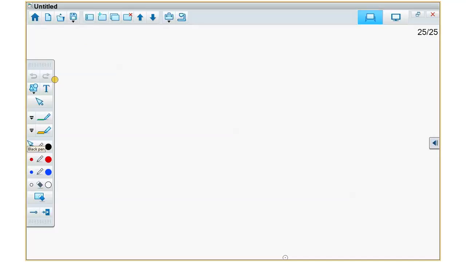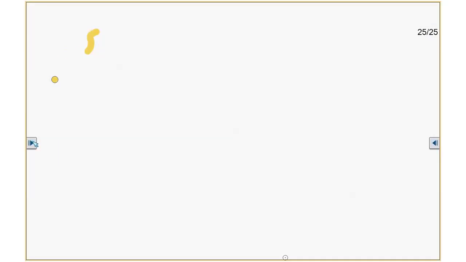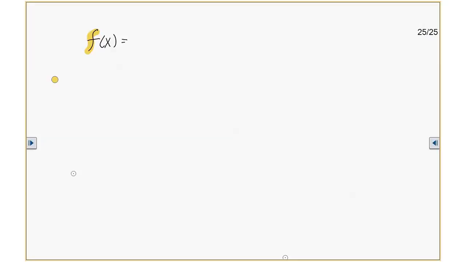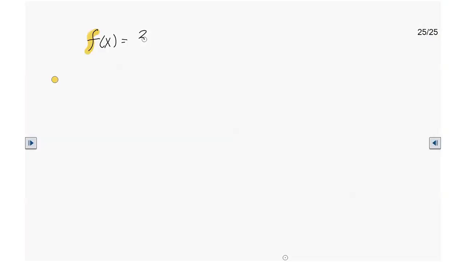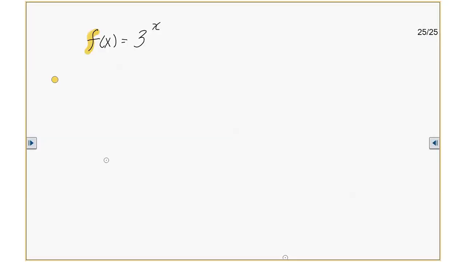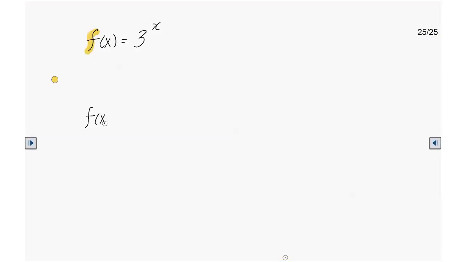I'm going to put 4. F of x is equal to 3 to the x. F of x is equal to e to the x times x squared.